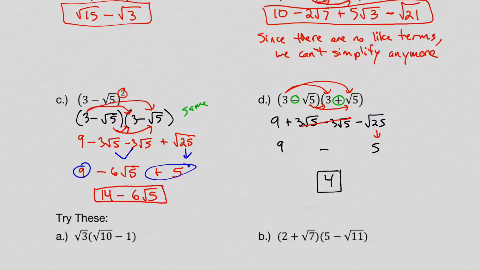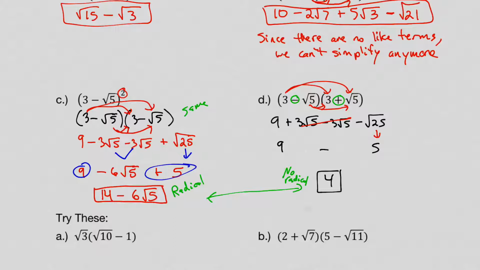So I do want you to see the difference in the answers here. Okay? Notice that here there's a radical, and here there's no radical. And that's going to play a significant role in one of our strategies for division, where we don't want radicals in the denominator.